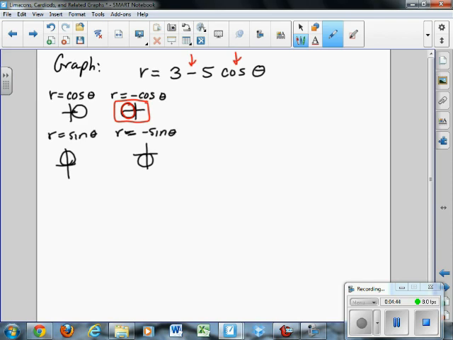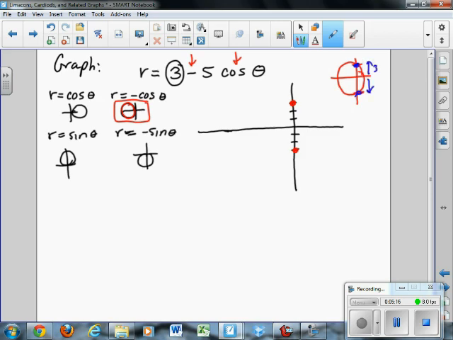This number here will tell me how wide the graph is, which means I'm going to be going 3 in this direction, because the width of the graph is going to be up and down, since the basic graph is going to look something like this. I'm talking about these 2 points, this width. This is going to be 3 and this is going to be 3.